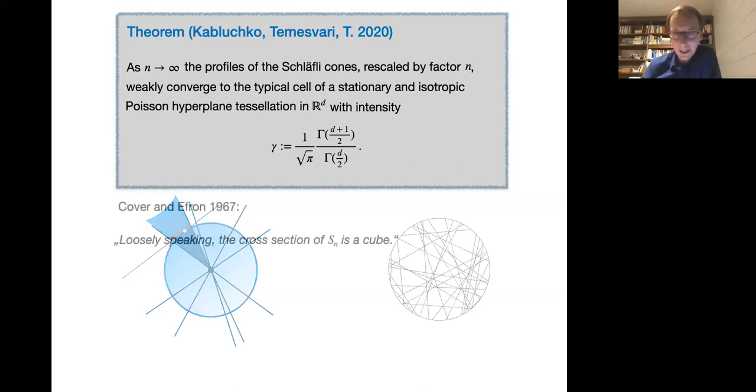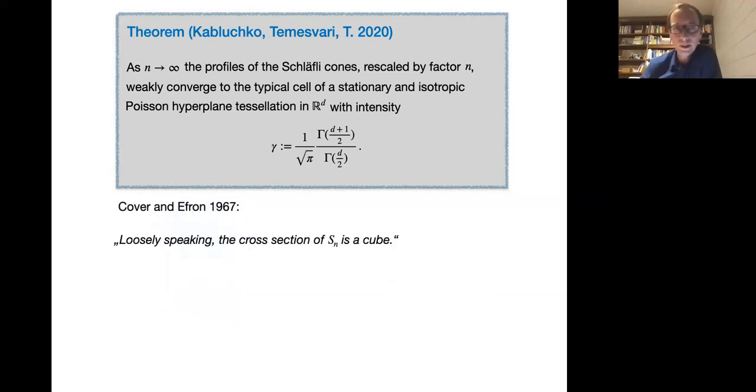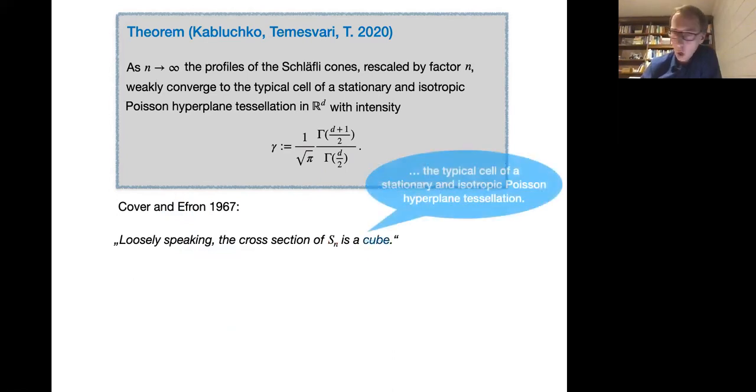And now we can come back to this Cover and Efron statement, namely that loosely speaking, the cross sections of these Schläfli cones are cubes. And we have to say, no, this is not quite correct. These cross sections are not cubes. They are typical cells of a stationary and isotropic Poisson hyperplane tessellation.